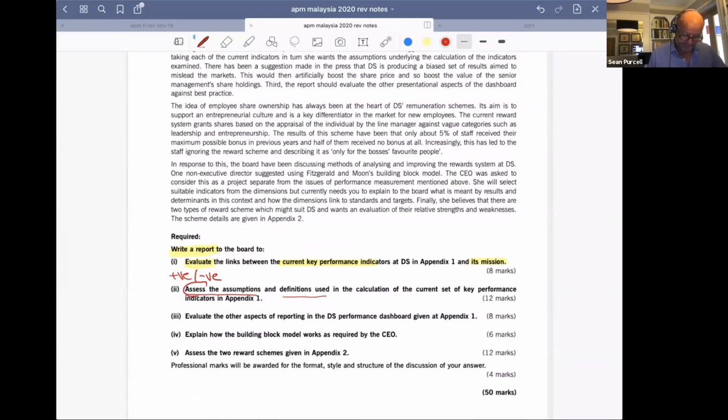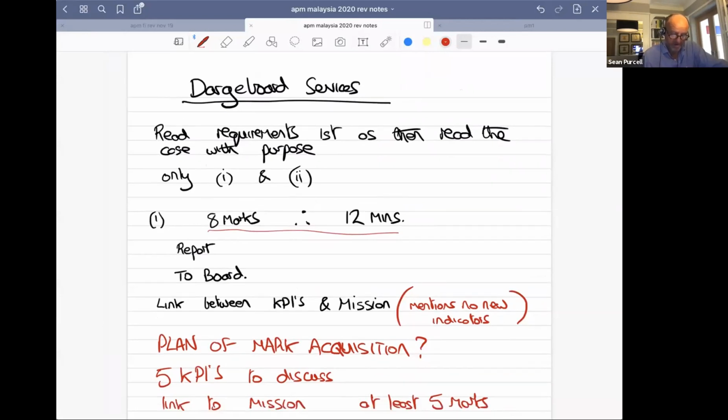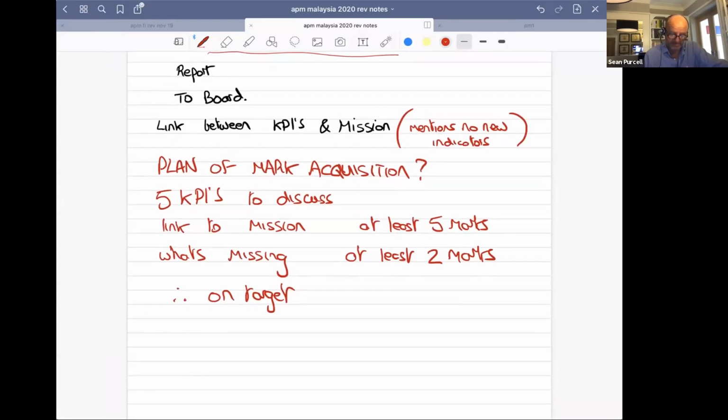The next thing says assess the assumptions and definitions in the calculation of KPI. So we're asked to assess them. What do we think about them? So let's have a look at those two. Reading the requirements, there's only 8 marks, it's 12 minutes, it's a report. So we've got 5 KPIs and we're going to link them to the mission.